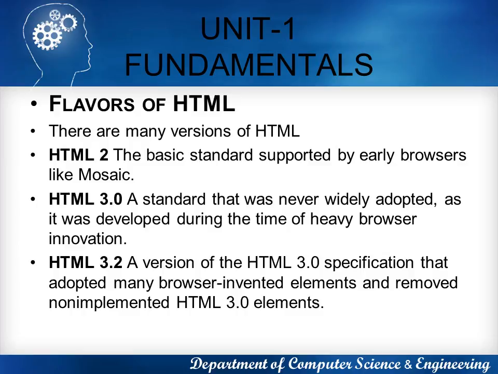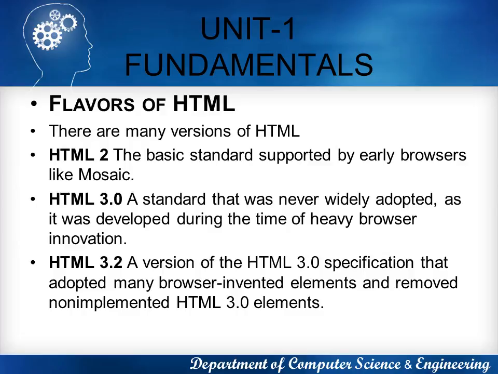First it is HTML 2, the basic standard supported by earlier browsers like Mosaic. HTML 3.0, a standard that was never widely adopted as it was developed during the time of heavy browser innovations.